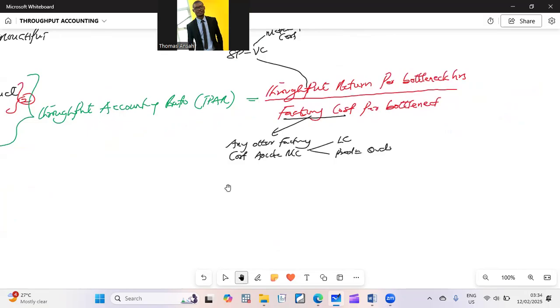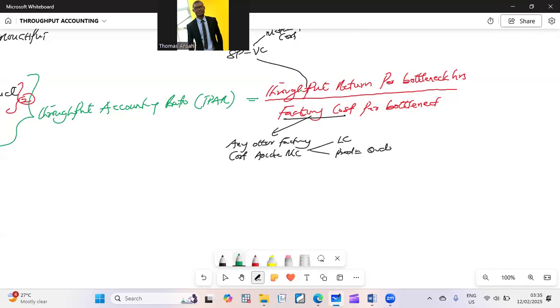Now, understand that given this, we are trying to say that the throughput ratio of a product should be greater than 1, all right? For us to actually optimize something, it should be greater than 1 because this is a return and this is a cost.